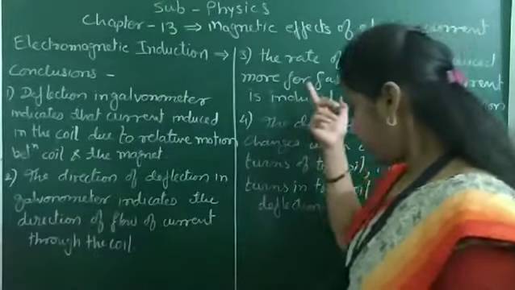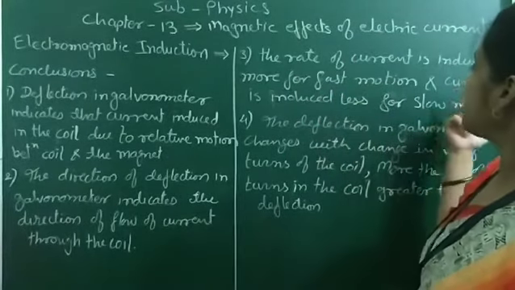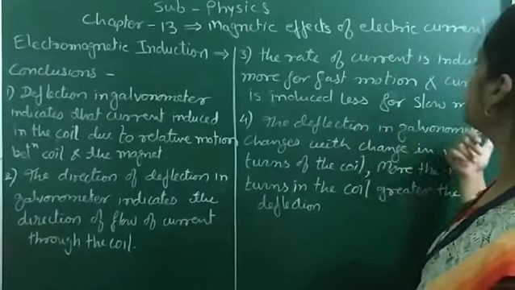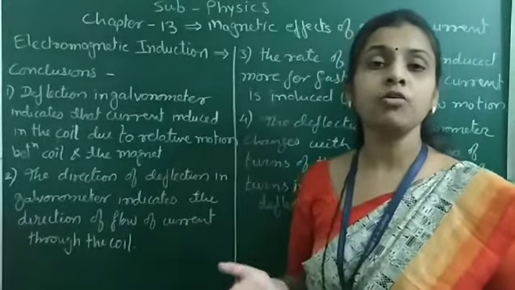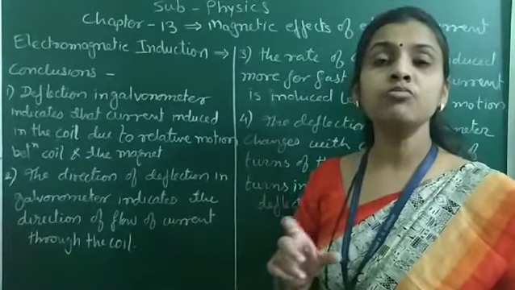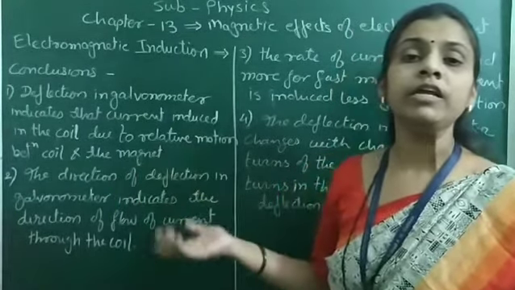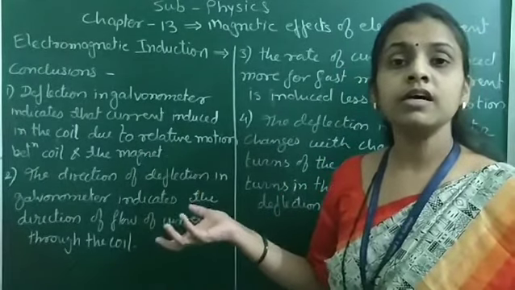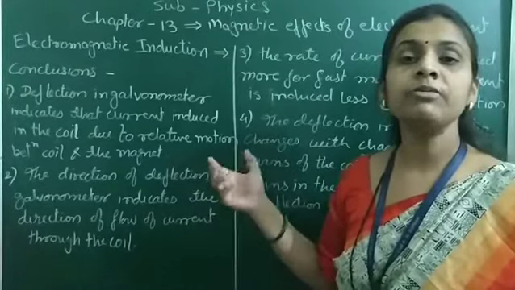Then next, current is induced more for fast motion, and current is induced less for slow motion. Whenever there is a relative motion between magnet and coil, if the magnet moves slowly towards the coil, then the current induced will be less, or we can say the rate of current produced will be less.